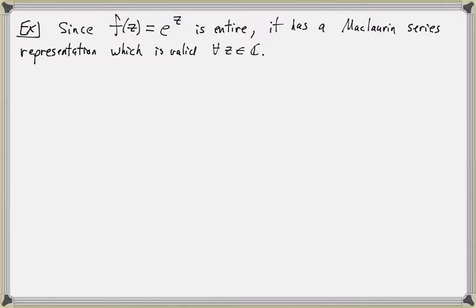Now notice that the nth derivative of e to the z is equal to e to the z. So if we evaluate the nth derivative at 0, we get e to the 0, which is equal to 1 for all n.